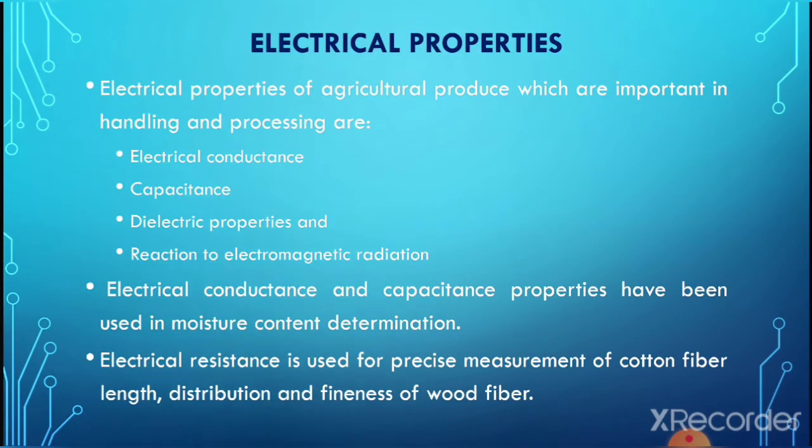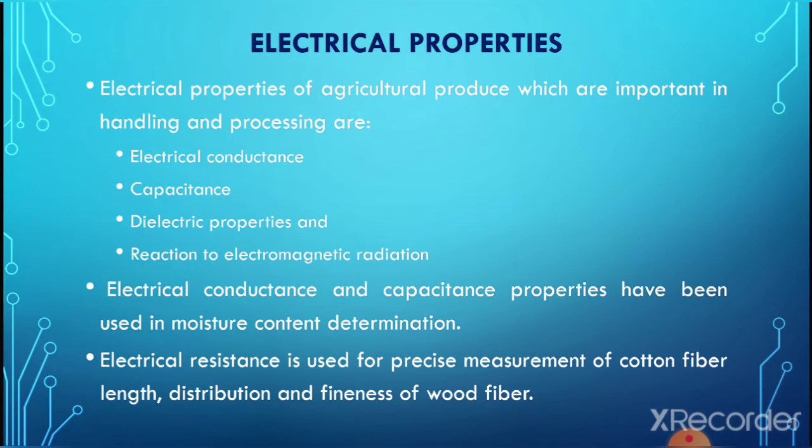Electrical properties. Electrical properties of agricultural produce which are important in handling and processing are electrical conductance, capacitance, dielectric properties and reaction to electromagnetic radiation. Electrical conductance and capacitance properties have been used in moisture content determination.